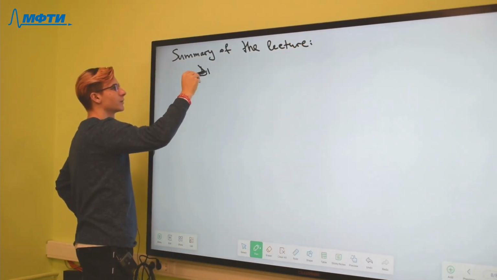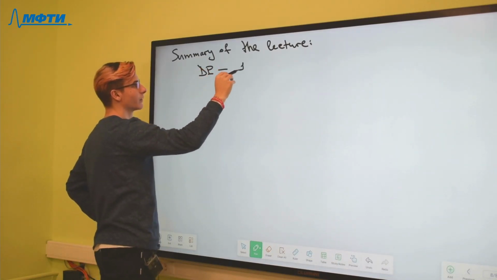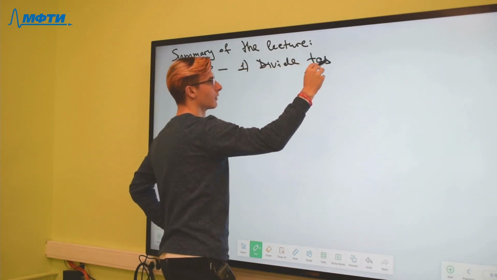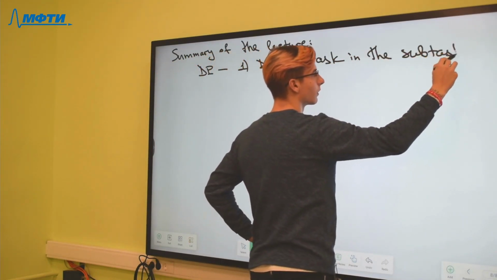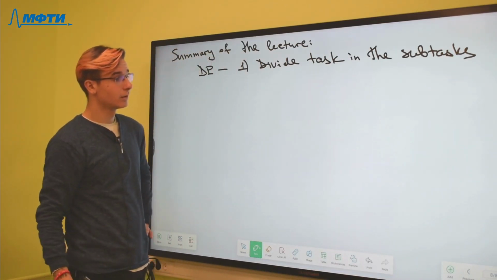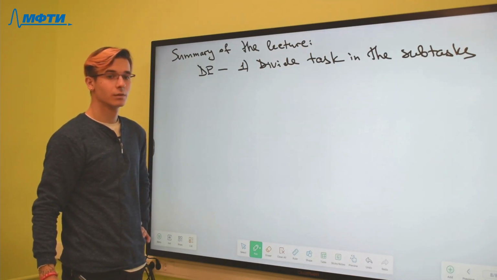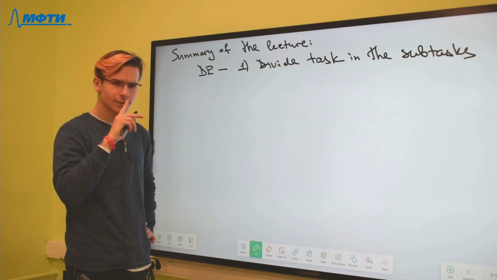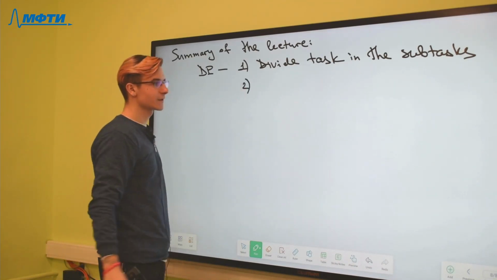You need to use dynamic programming in the way when you divide the task into subtasks, as in the last topic, divide and conquer.